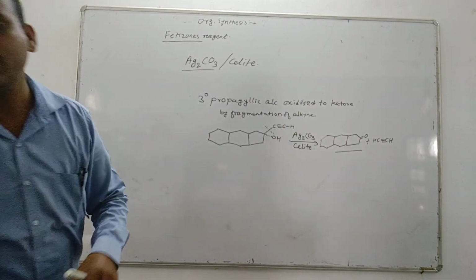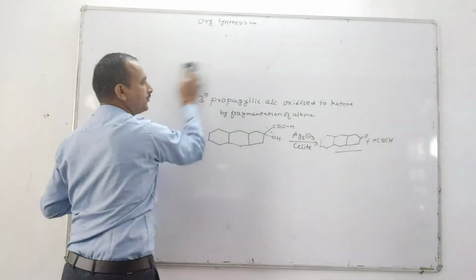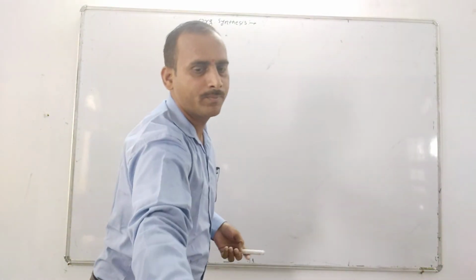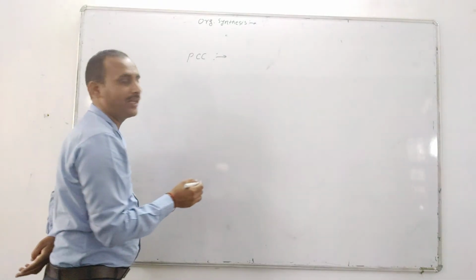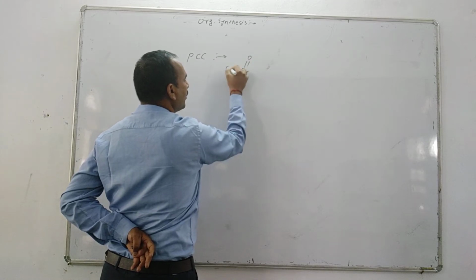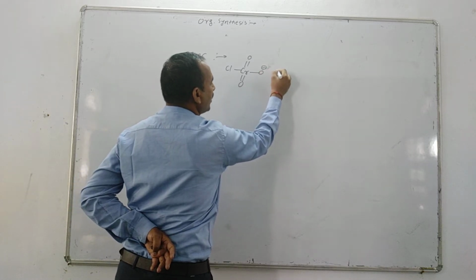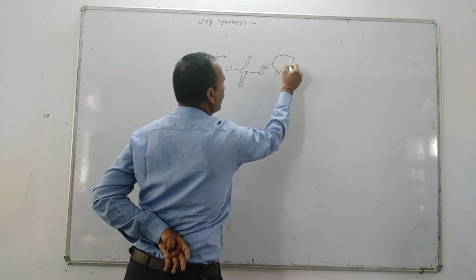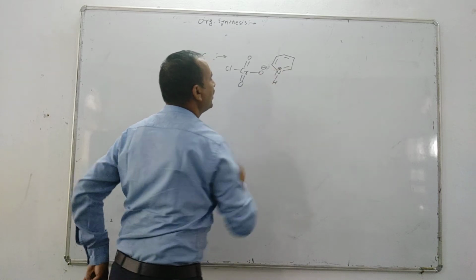Now let's see the next oxidizing agent, that is PCC, pyridinium chlorochromate: chromium, chlorine, O minus, and N H plus.